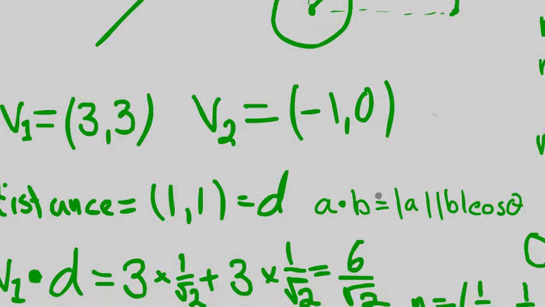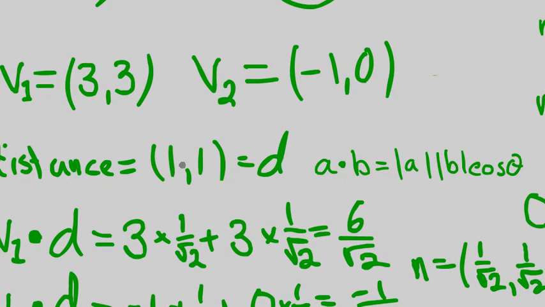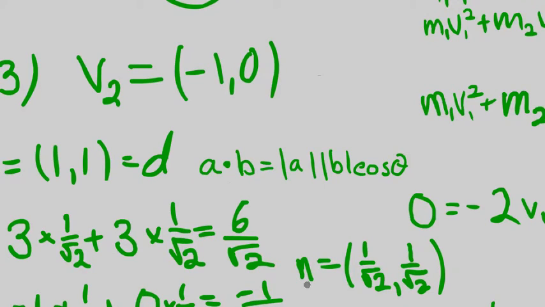So I'm just going to do it. If you divide the distance by its magnitude, the square root of 2, then it's 1 over the square root of 2 and 1 over the square root of 2. So I'm going to call it the normal, and the normal is 1 over the square root of 2 and 1 over the square root of 2. The normal has a size of 1.